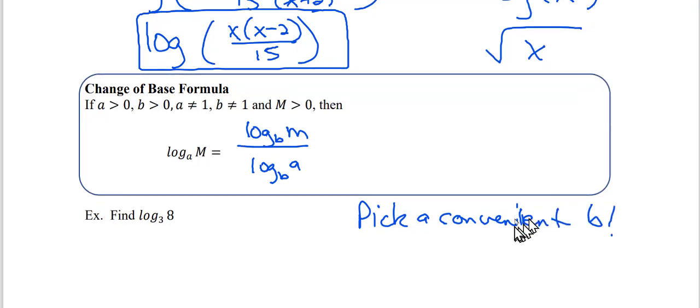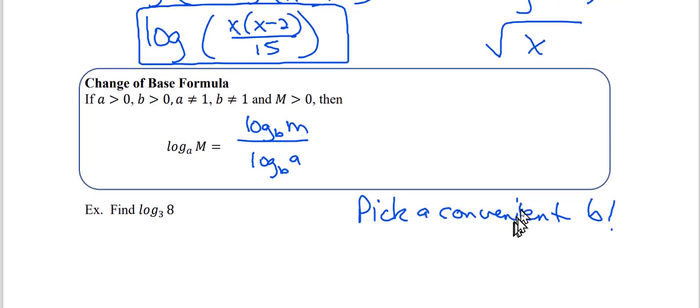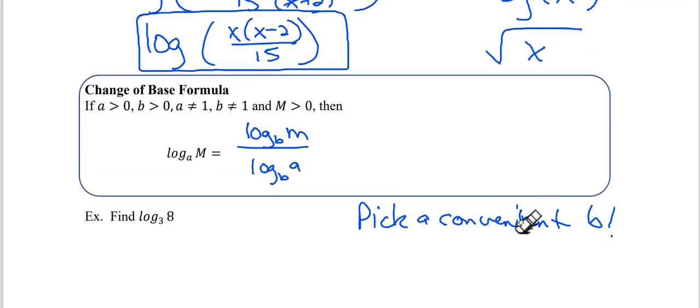Pick something that's nice. What are nice, convenient things on our calculator? Sorry, that's messy. I want to rewrite that. Base e and base 10 are both very common things to use, and they are also easy on your calculator.